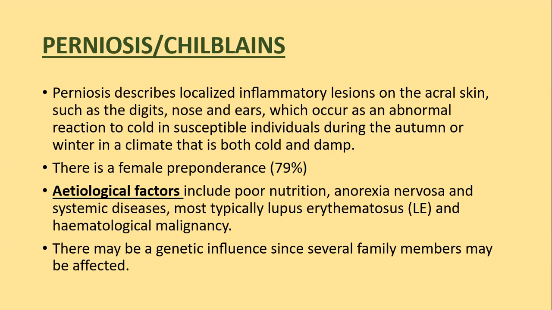There is a female predominance; 79% of the affected individuals are female. The etiological factors include poor nutrition, anorexia nervosa, and systemic diseases, most typically SLE and hematological malignancies. There may be a genetic influence, and several family members may be involved.